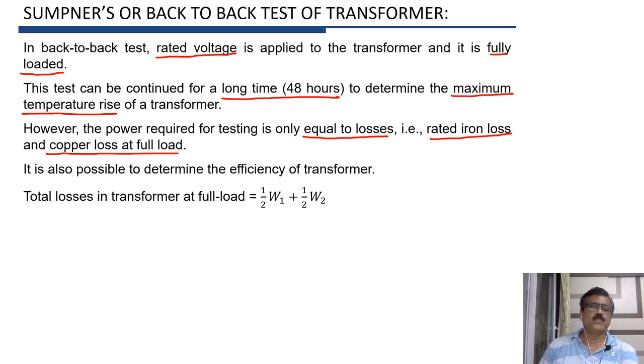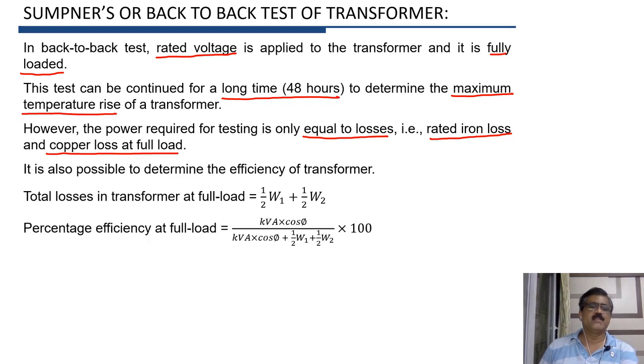And if you know the losses, you can determine the percentage efficiency using output power, which is kVA into cos phi, divided by output power plus iron loss plus copper loss, into 100. So we can also calculate the efficiency of the transformer at full load or at any other load from the readings of back-to-back test.